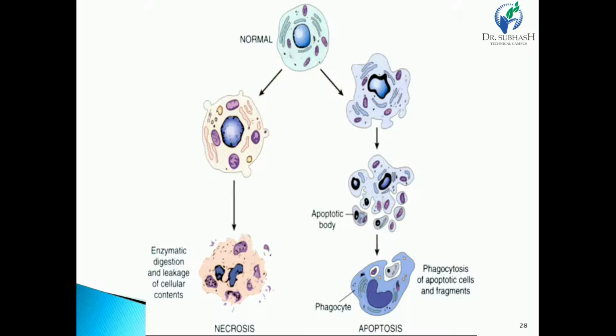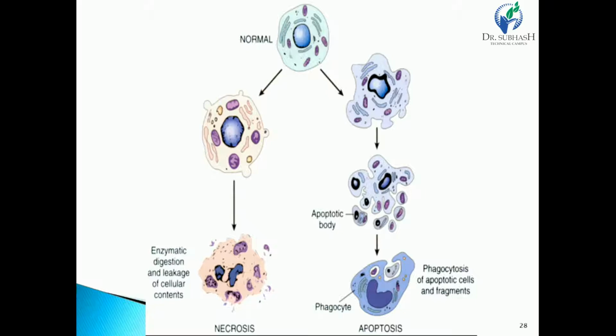The normal cell has a smaller size compared to necrosis. In necrosis, the size of the cell is increased, whereas in apoptosis, size may not be the issue, but there might be certain alterations in the shape of the cell.